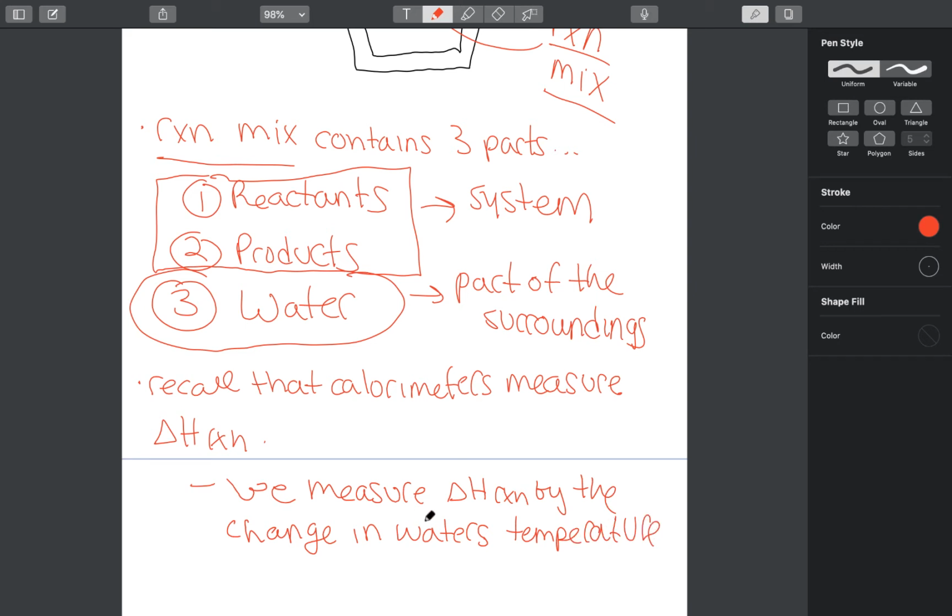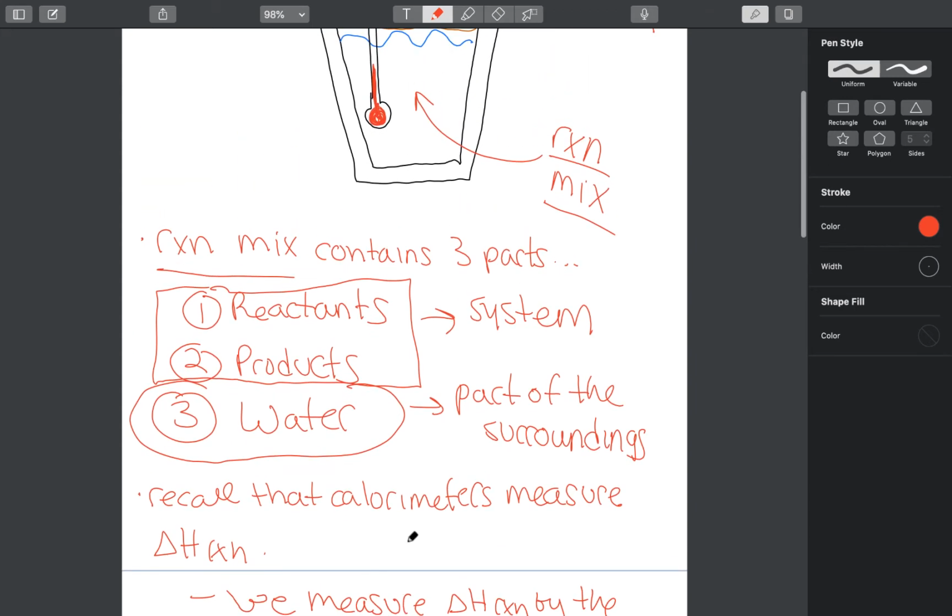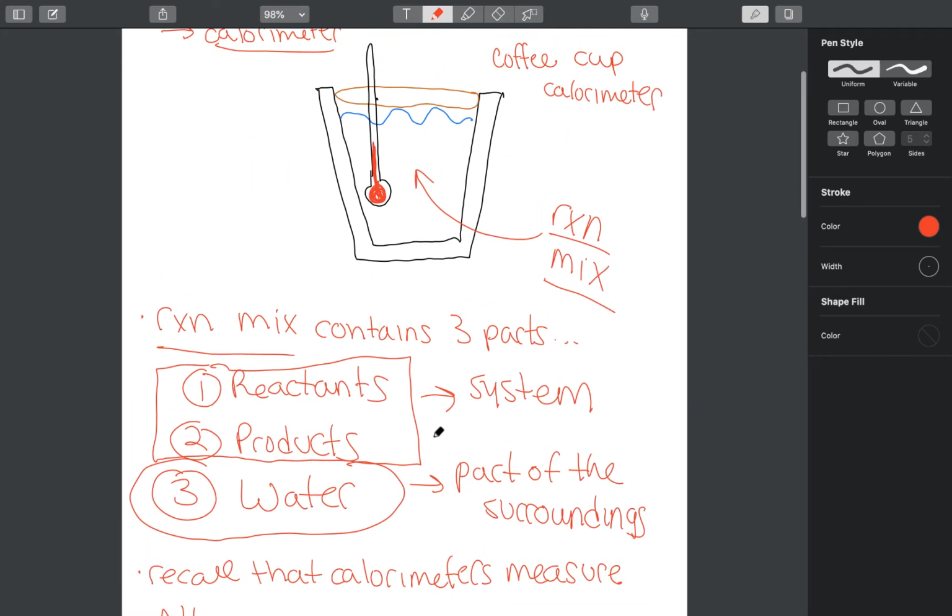So we measure the heat of reaction by the change in the water's temperature. So why the water's temperature? Well, the reactants and products make up the system, while the water is part of the surroundings.